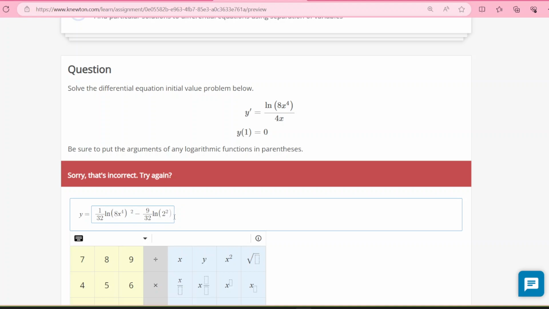Oops. Okay, let's do this. So I'm going to actually just get rid of that and say, all right, do natural log of that squared. So we have 1/32 times the natural log of 8x to the fourth.